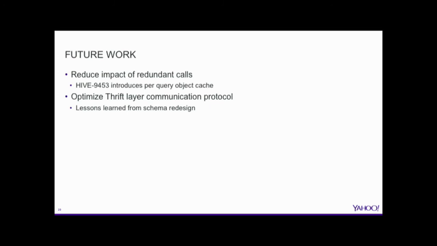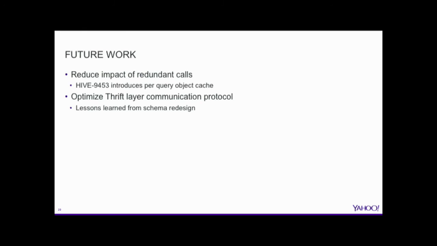So remember the preponderance of get table requests? A large number of these requests were actually for the same object being requested by the same client. And this is being caused by the middle layer, the core code layer, which is needlessly making repetitive calls to retrieve the same object.